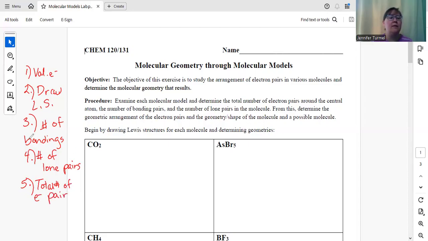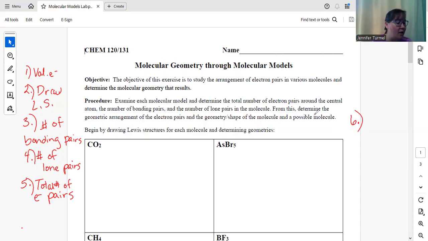Hang on, I just realized something here. This should say bonding pairs. Total number of electron pairs. And then I'm going to be doing number 6, and I'm going to do this for 12 different compounds.